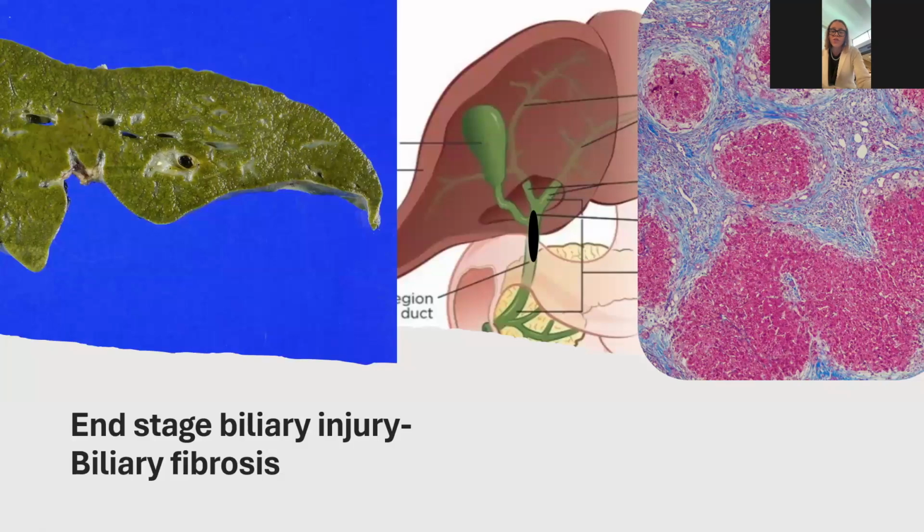So the end-stage fibrosis is more of a cholestatic injury pattern. You can see there are bile plugs within those larger ducts, leading to this irregular cirrhosis pattern with a lot of ductular proliferation.